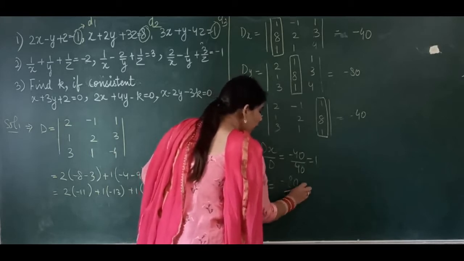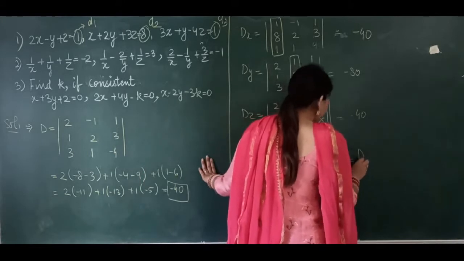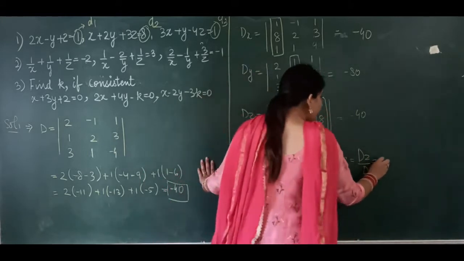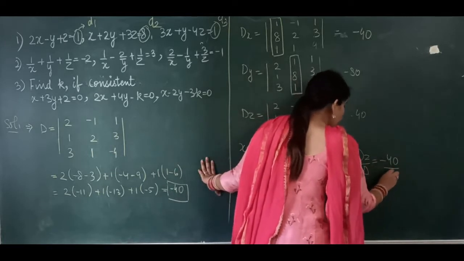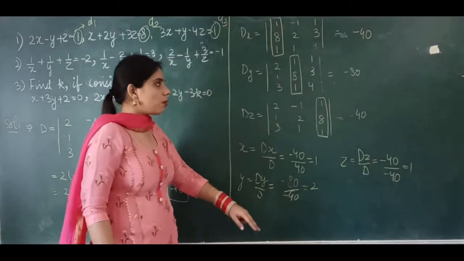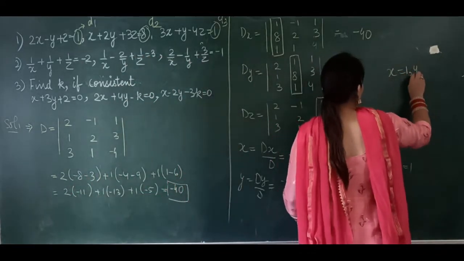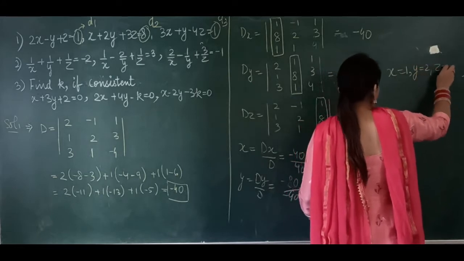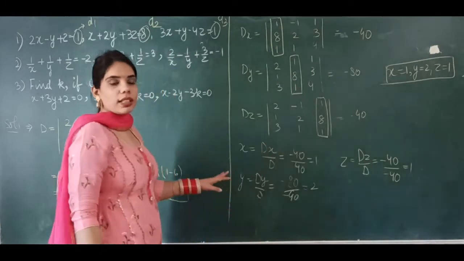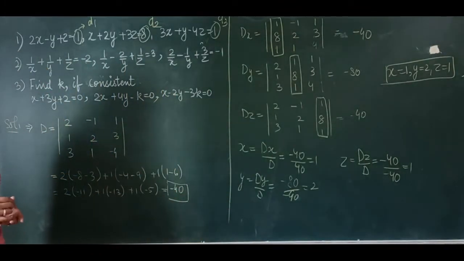It comes out to be 2. And z is dz upon d. So this is minus 40 upon minus 40, which is 1. So the value of x, y, z comes out to be x is 1, y is 2 and z is 1. So this is how I find the values of x, y and z using Cramer's rule.